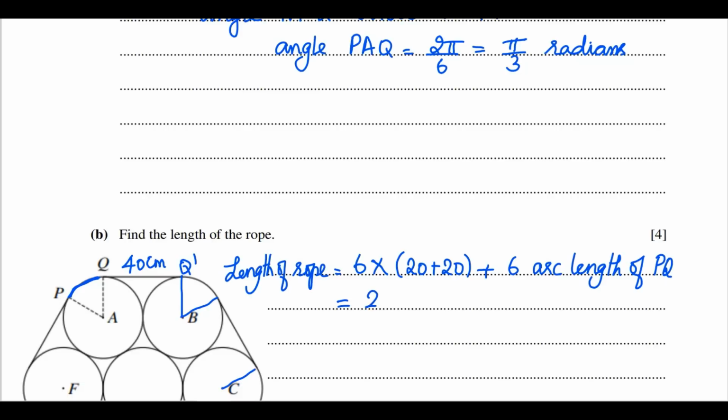which gives 240 plus 6 times arc length, which is r theta. So 20 multiplied by pi over 3, which gives 40 pi.